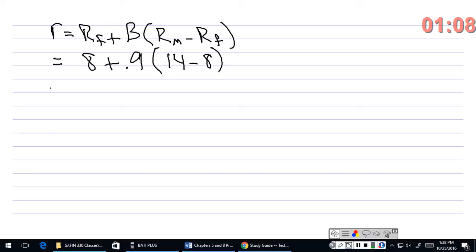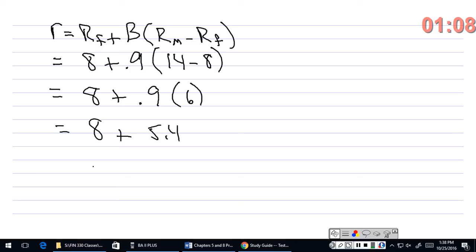So if we work through this, that's 8 plus 0.9 times 6, which is 8 plus 5.4, which gives us a 13.4% required return for this particular stock, which matches answer A. And that completes all of our practice problems.